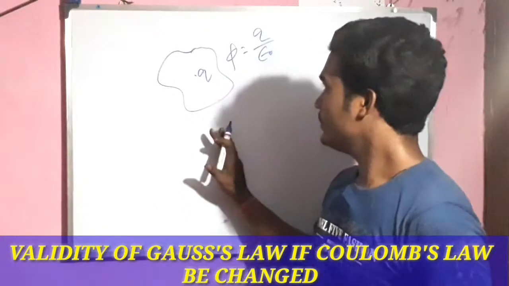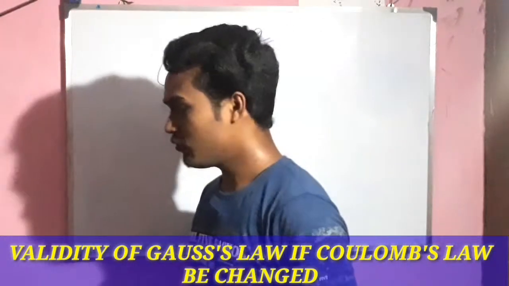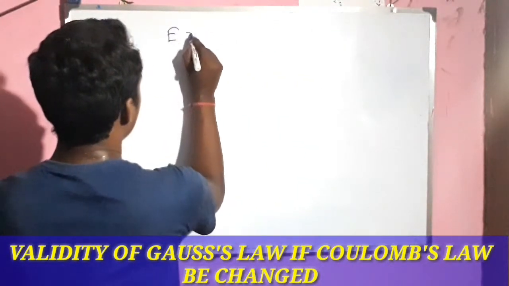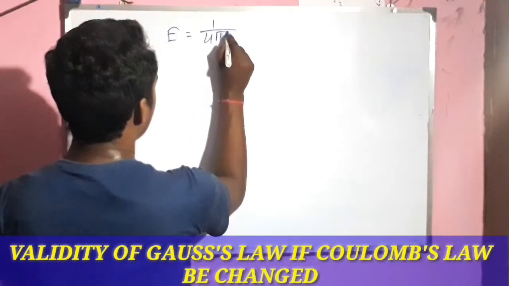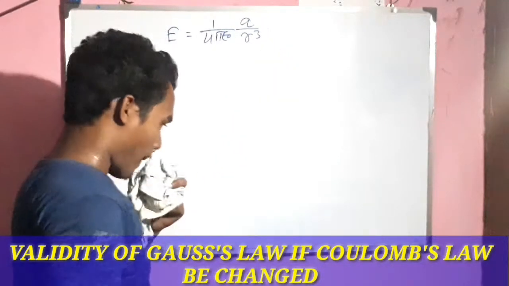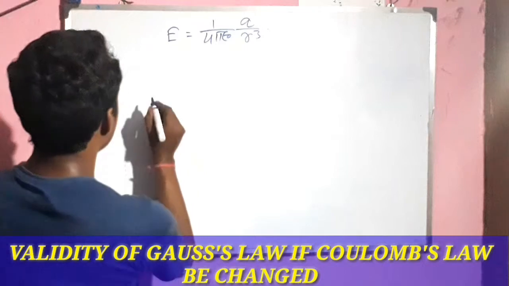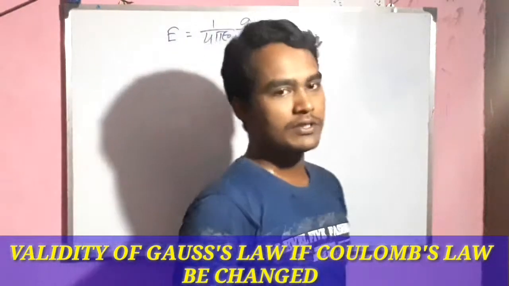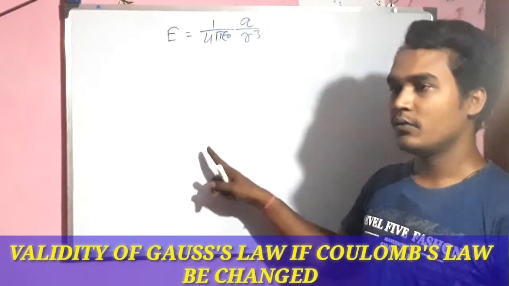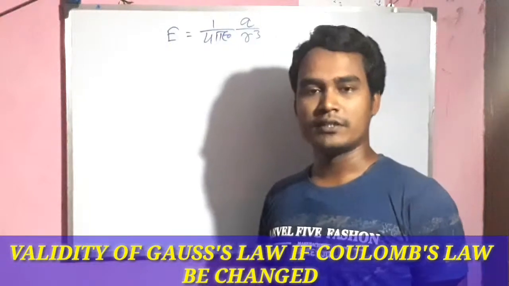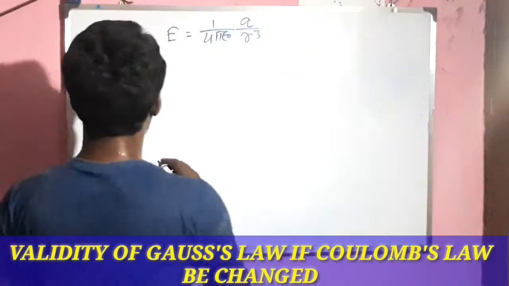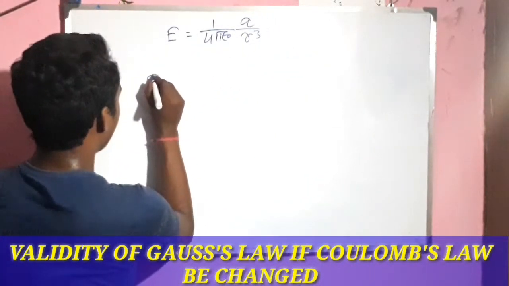Now, if the force law is in the form of electric field E equal to 1 by 4 pi epsilon naught q by r cube, then what will be the electric flux? This is what is asked in the question: if the form is 1 by r cube, what will be the result for Gauss's law, or is Gauss's law still valid or not? So to check the validity of Gauss's law, we now calculate the flux.